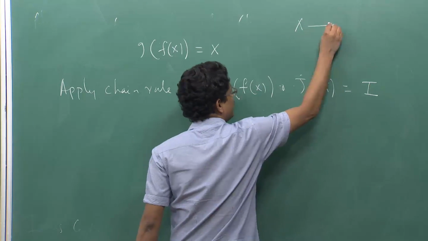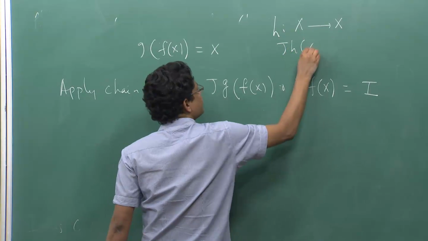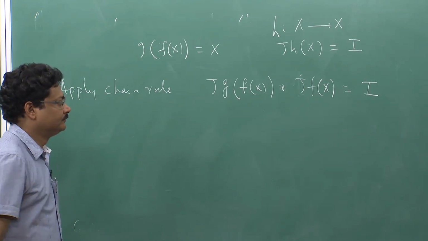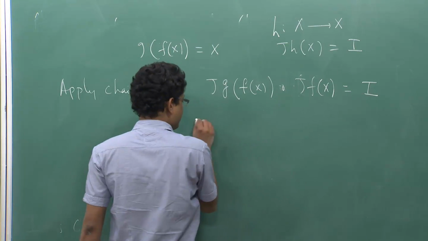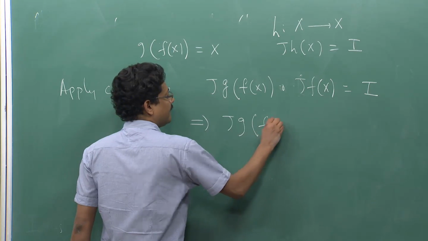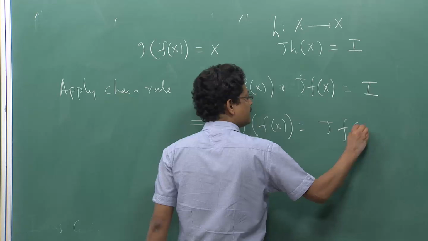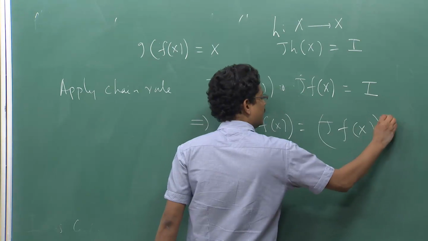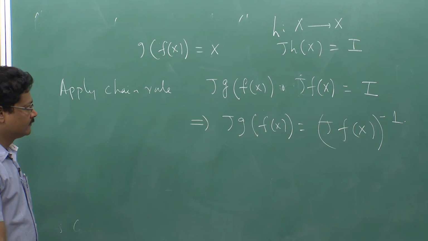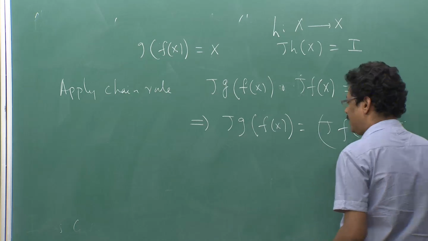So, if I call this function h, then J_h of x is simply identity, right. So, that shows that J_g at f x, which is y, equals J_f x inverse.